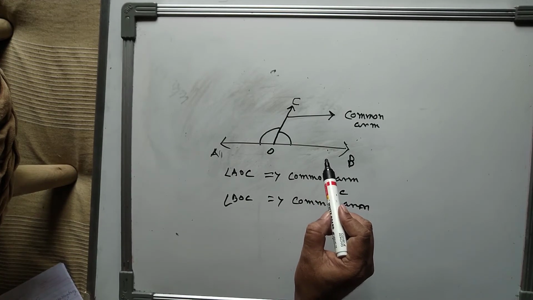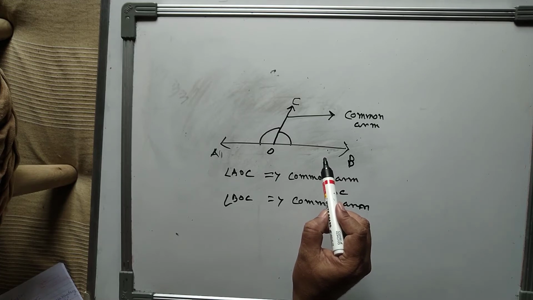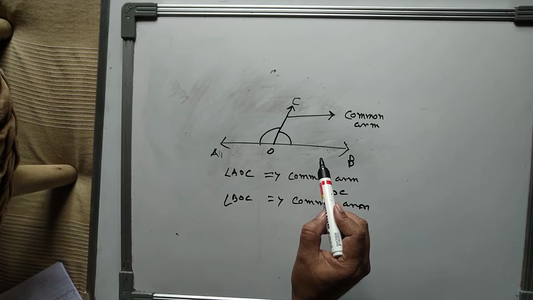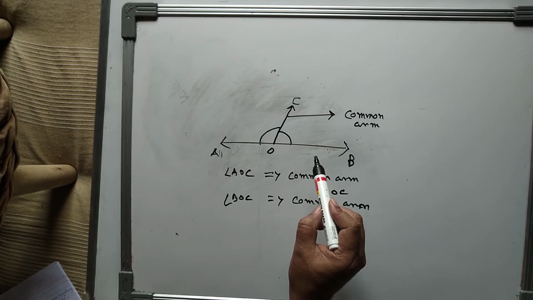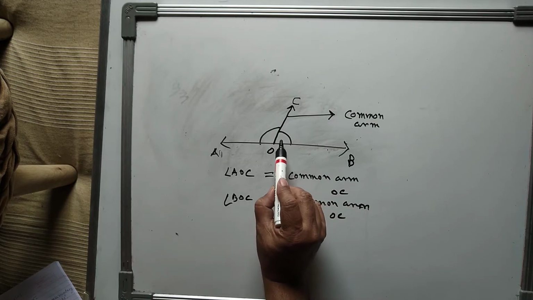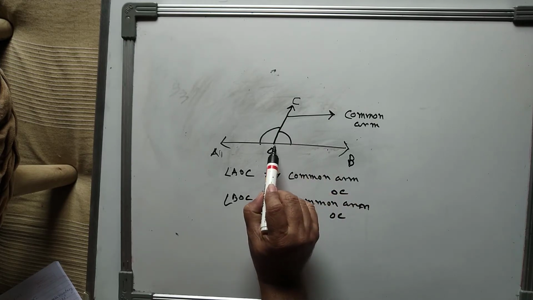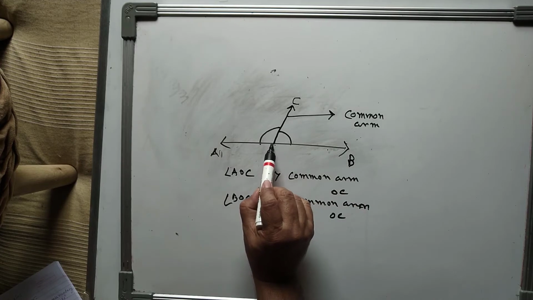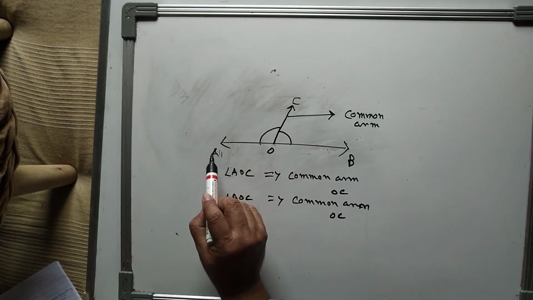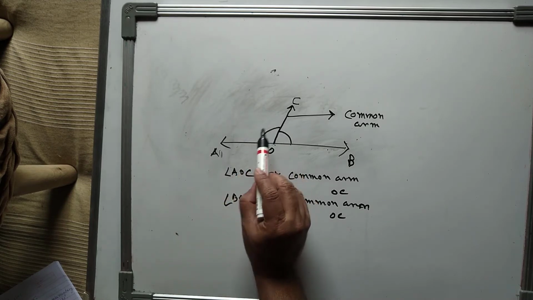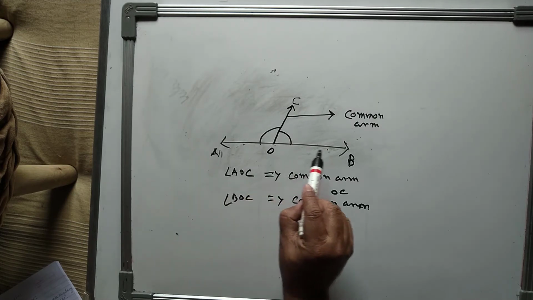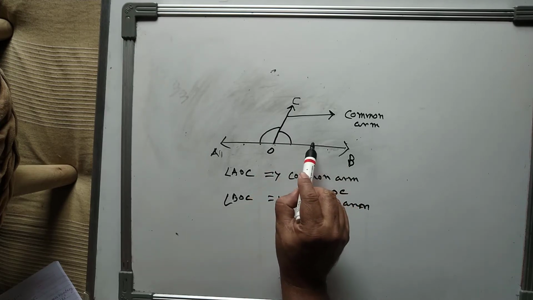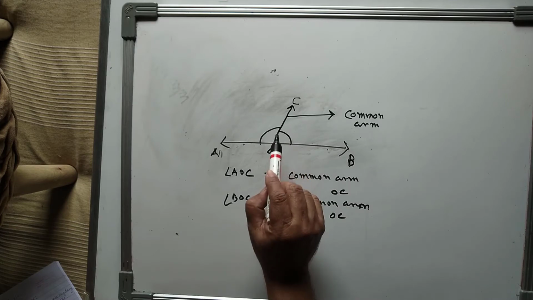The uncommon arms OB and OA are lying opposite to the common arm OC.